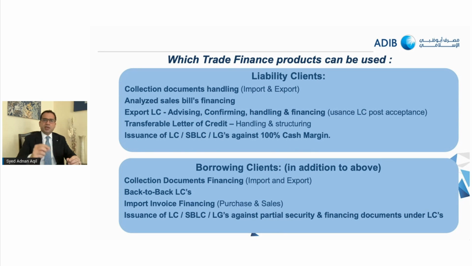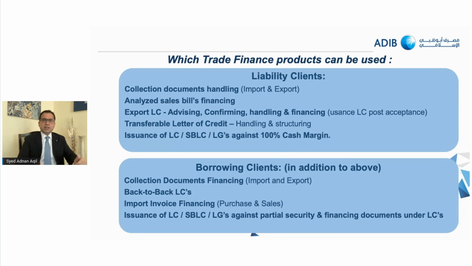But avalization in short is that if you are selling any commodity on a credit basis, and the bank, who is the importer's bank, undertakes to make a payment, not under an LC but on an open account or under a collection document, then for those bills, you as the seller don't need to wait for that time. We can finance and pay you upfront because our risk will be on the bank which has avalized the bill.